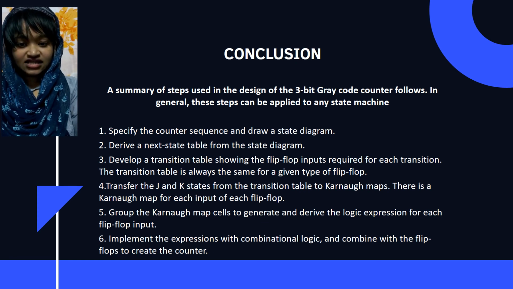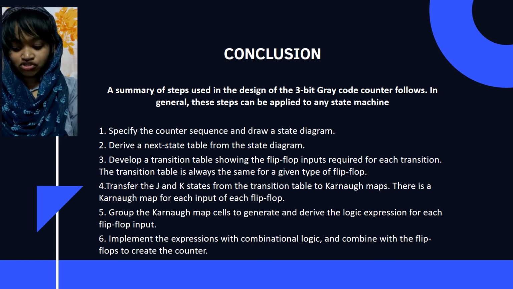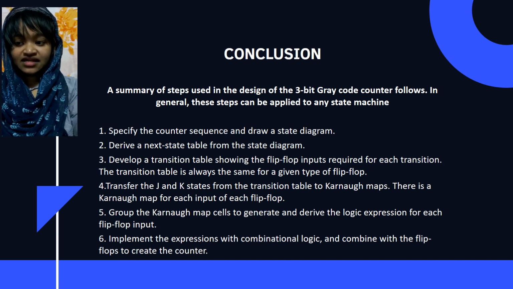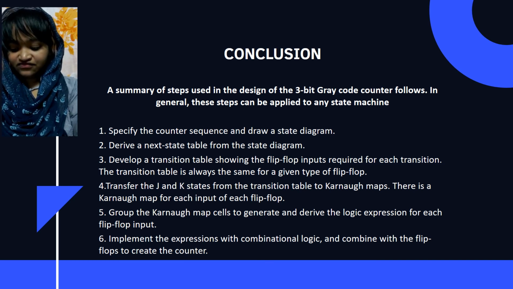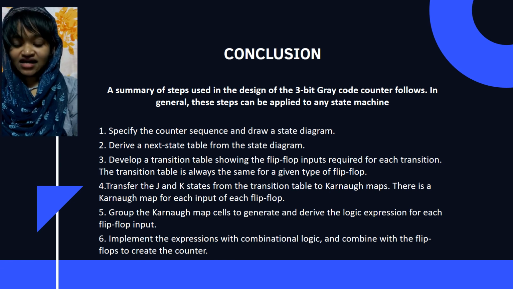Transfer the J and K states from the transition table to Karnaugh maps. There is a Karnaugh map for each input of each flip-flop. Group the Karnaugh map cells to generate and derive the logic expression for each flip-flop input. Implement the expressions with combinational logic and combine with the flip-flops to create the counter.